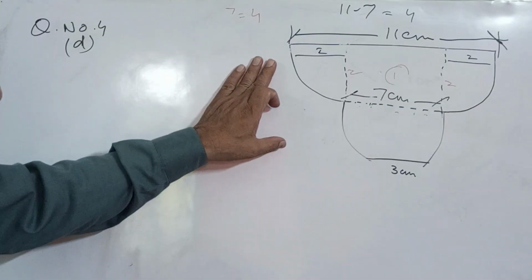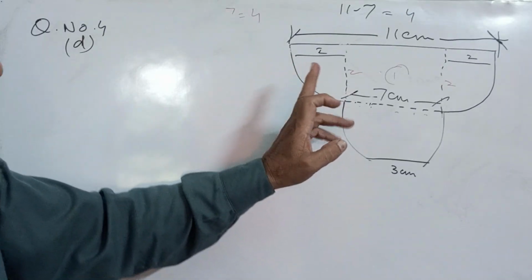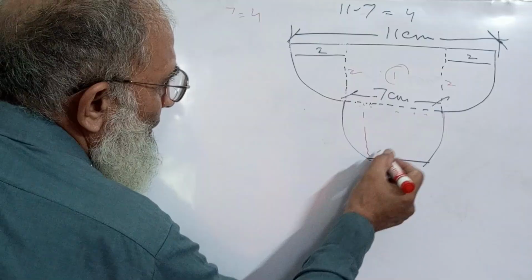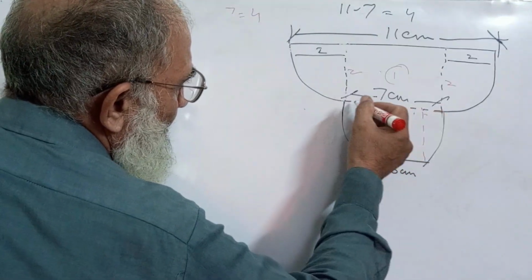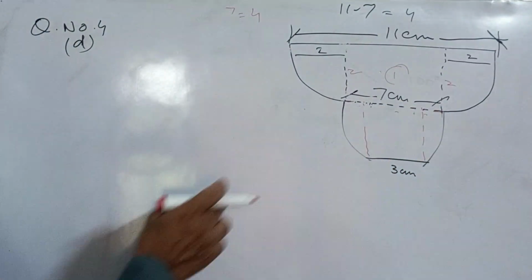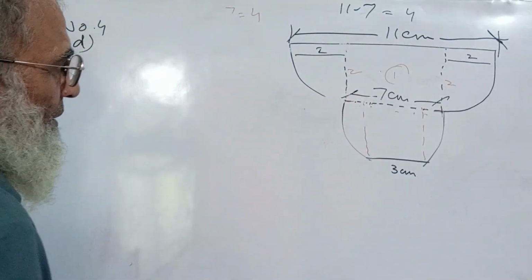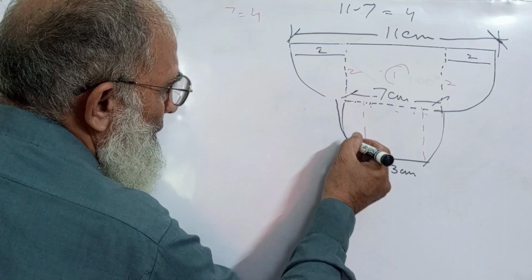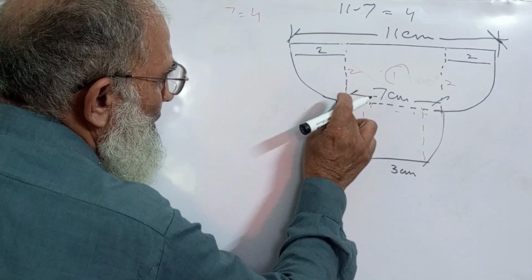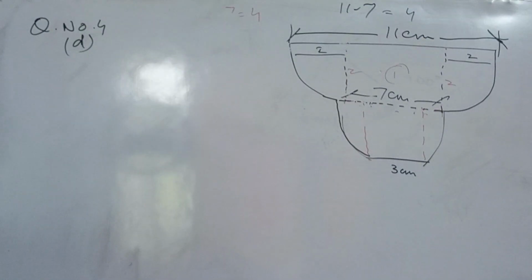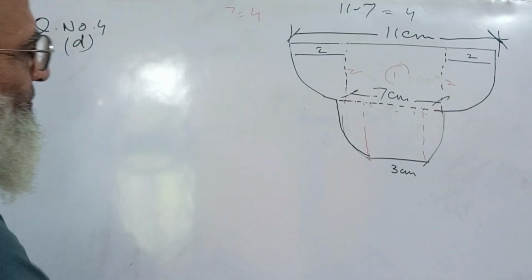Now you see, if I break this figure, this figure will be decomposed into this one and this one and this one. Just assume that this is a symmetrical figure. You can consult your book.